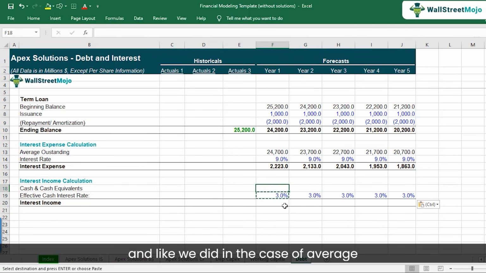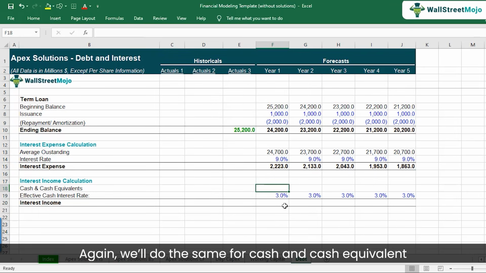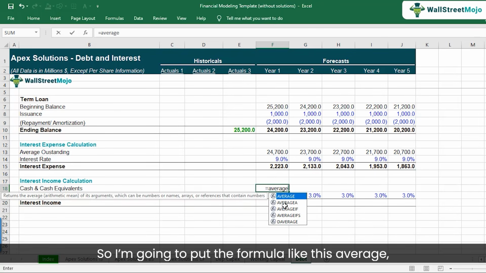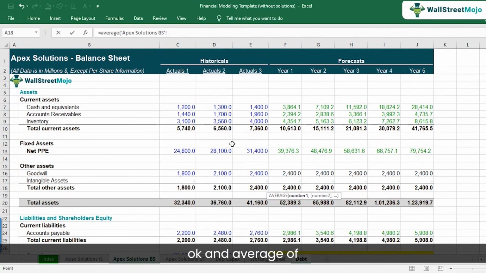And like we did in the case of average outstanding, we took the average of beginning and ending. Again, we'll do the same for cash and cash equivalents that's going to earn interest income. So I'm going to put the formula like this: average of beginning balance and ending balance, and bracket closed.